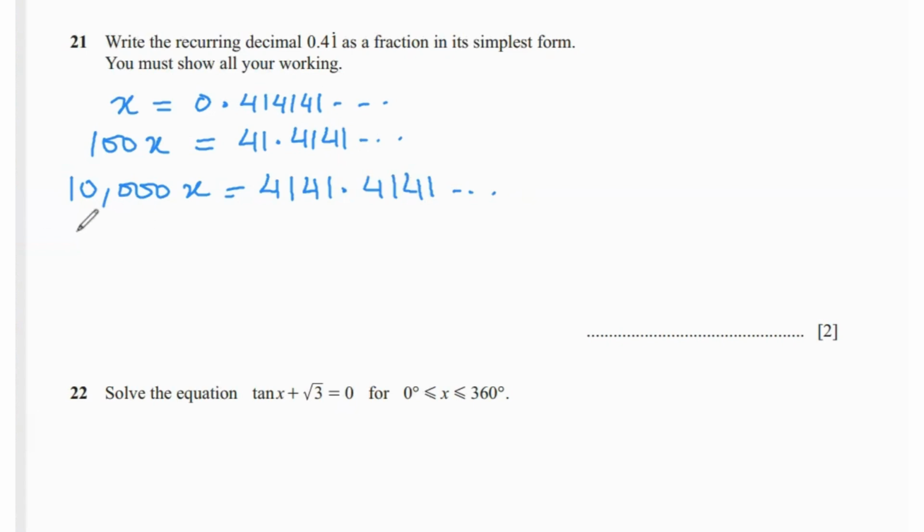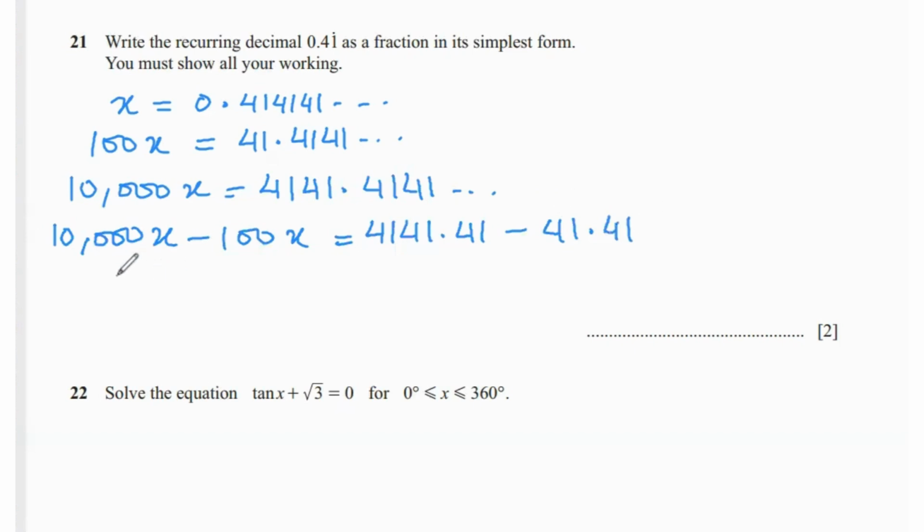Since they're equal, it's easier to eliminate them because what I'm going to do next is subtract 100x from 10,000x. When I subtract 100x from 10,000x, these are also going to get subtracted because we're assuming that 100x equals this and 10,000x equals this.